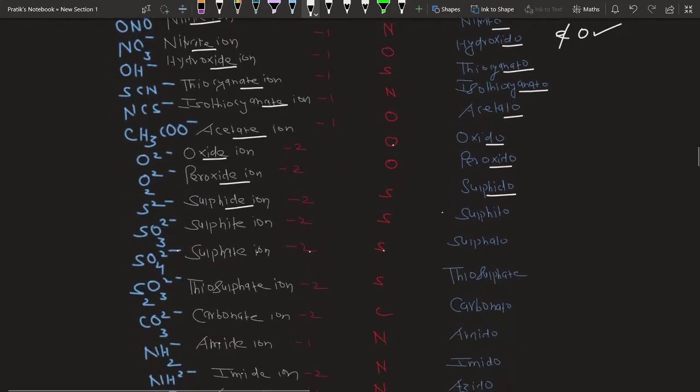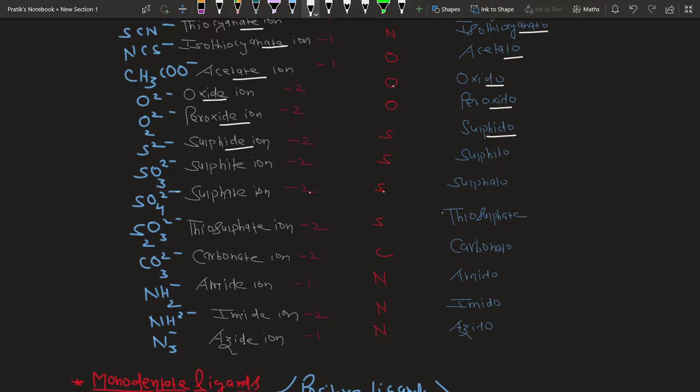And more, if you see this: sulfite, sulfito, sulfate, sulfato, thiosulfate, thiosulfato, carbonate, carbonato, amide, amido, imide, imido, azide, azido.